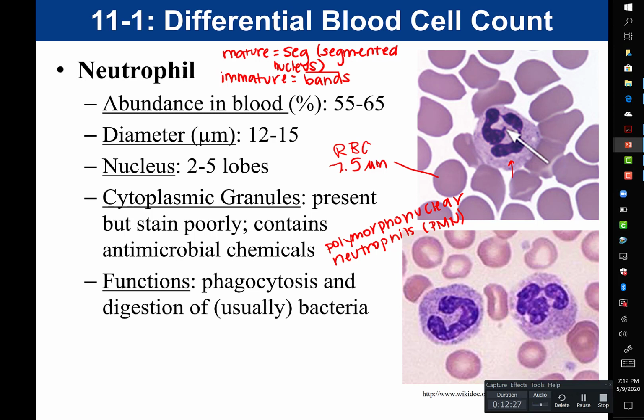So if they have an increase in neutrophils, that's called neutrophilia, and it usually indicates an infection.